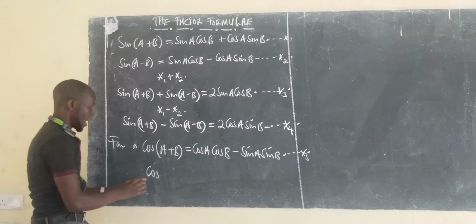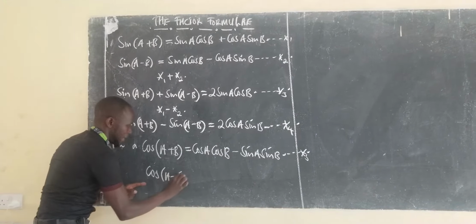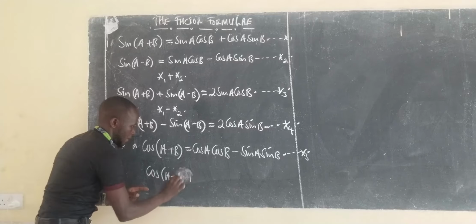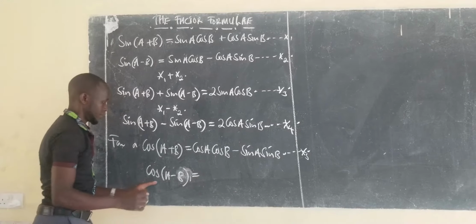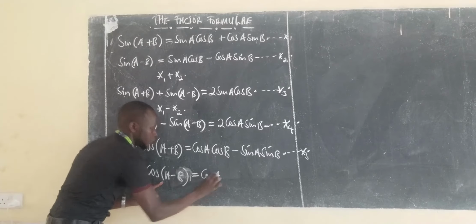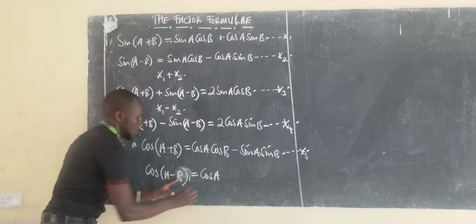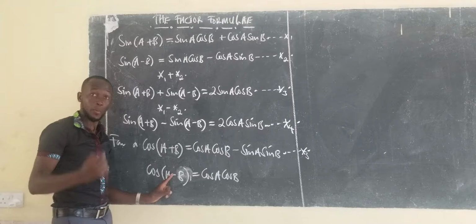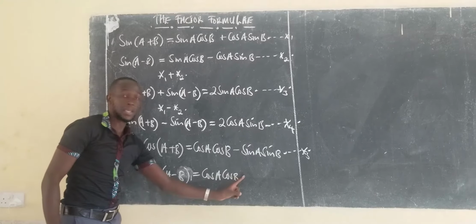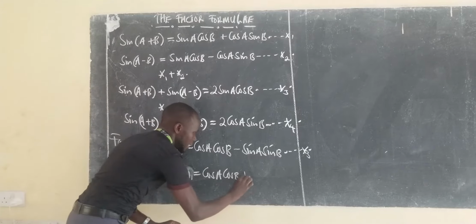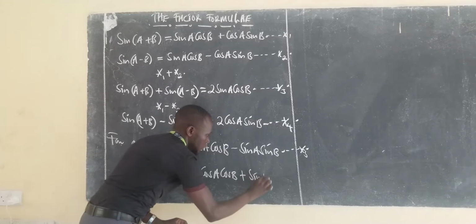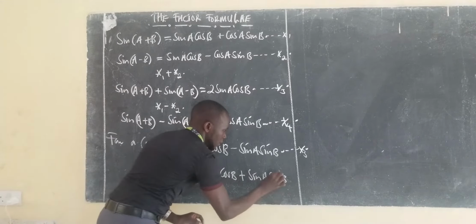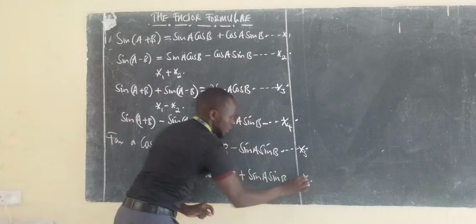What about if someone has cos of A minus B? We shall have cos A cos B. Now this is being negative. From compound angles, it ends up becoming a positive here. So we shall have plus sine A sine B. Call that equation 6.